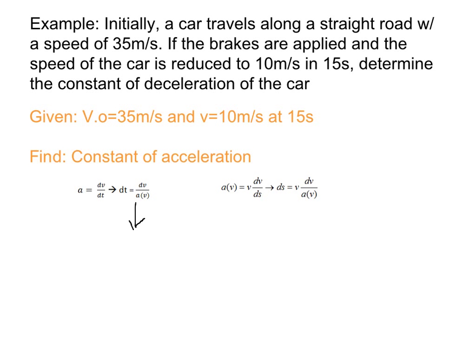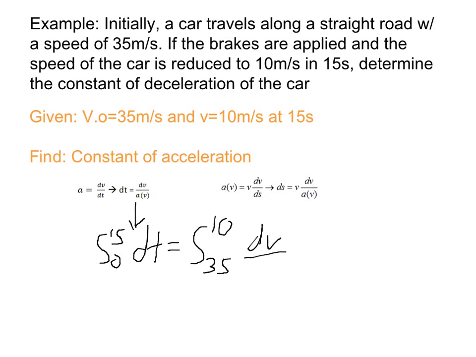So this becomes, from 0 to 15, dt equals, from 35 meters per second to 10 meters per second, of dv over k.